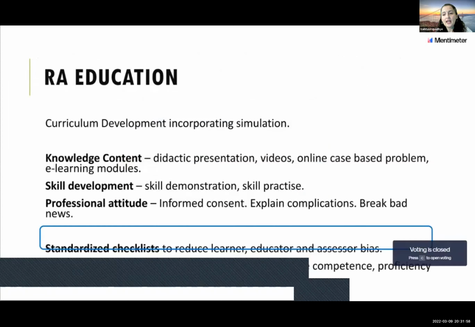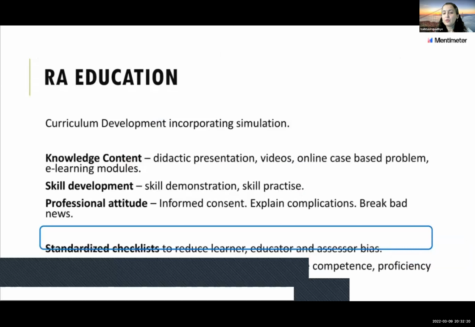Then, as we go into the details of education, we can use a standardized checklist to reduce learner, educator, and assessor bias. So even if the educators vary, the checklist makes sure the objectivity remains in the teaching.